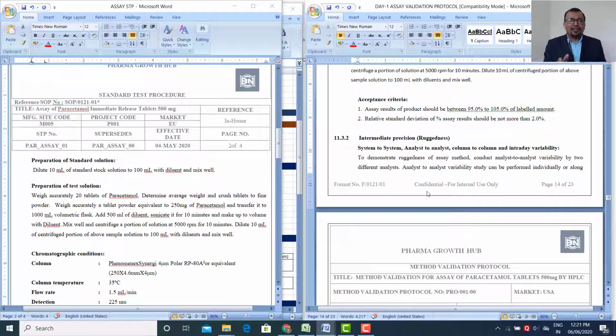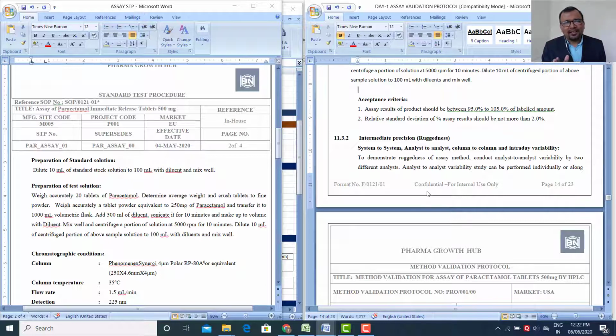But if you conduct the same set of experiments in another location, in another lab of your company, then that experiment is called reproducibility. So there will be similar conditions: another day, another analyst, another set of instruments and equipment, and another lab or location as well. That is the small difference between intermediate precision and reproducibility.